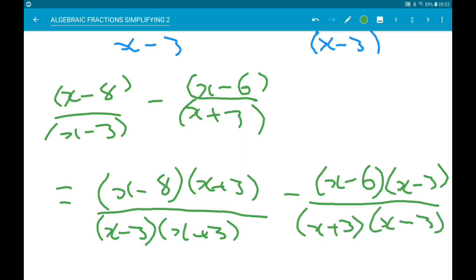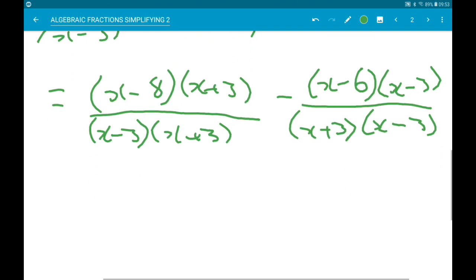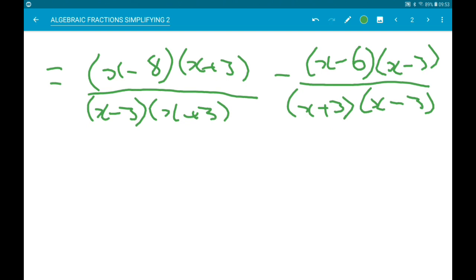Okay, so now that we have common denominators, we can work across the top. On the bottom we have x squared minus 9.